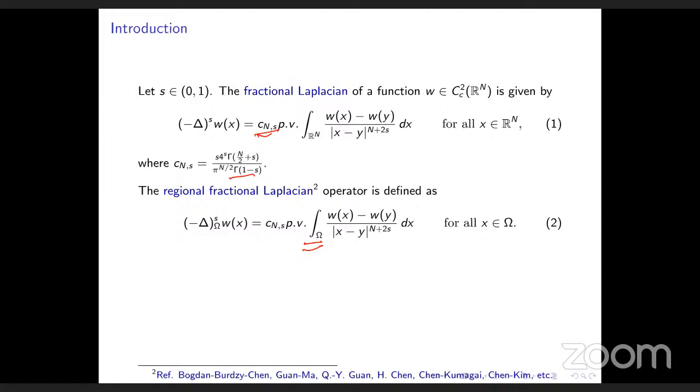This is the reason why our probabilistic colleagues call it the censored fractional Laplacian, or censored process, because the process is censored from jumping outside the domain omega.